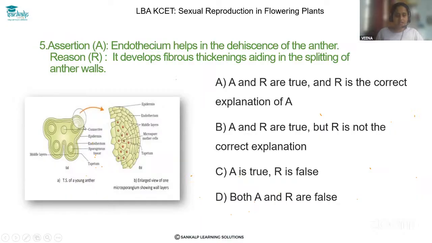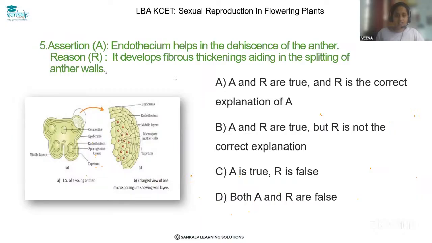Yes, correct, because here the microspores have to come out of the young anther. That is the dehiscence process. So for that, from the inner layer it has to come out. That's why the endothecium will help in the dehiscence of the anther.